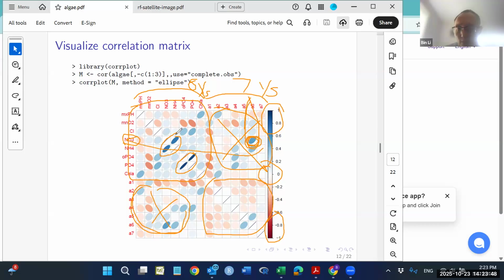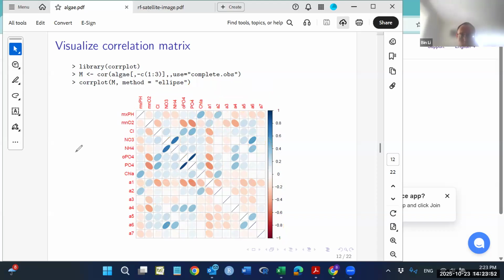You see that? So showing this correlation matrix can give us some information about the correlation among the x variables, among the y variables, and among the x and y variables.